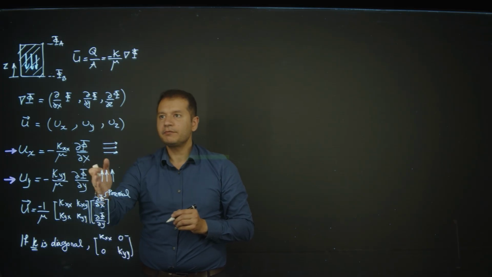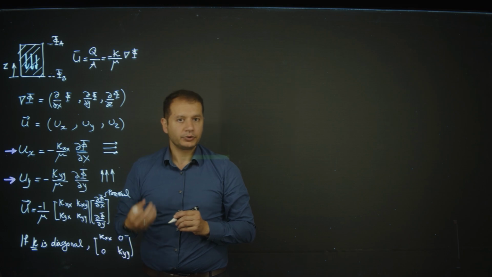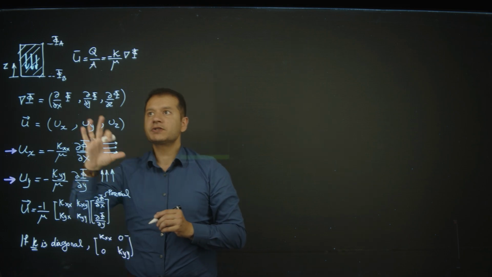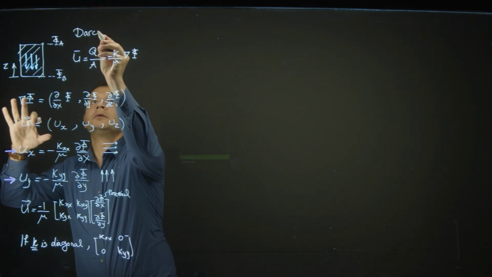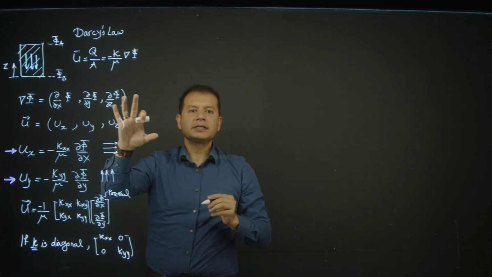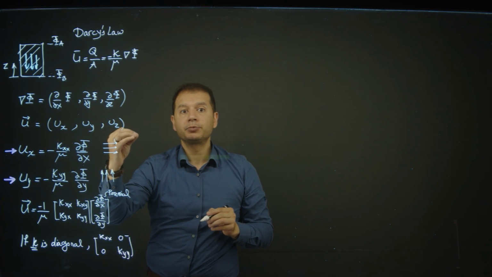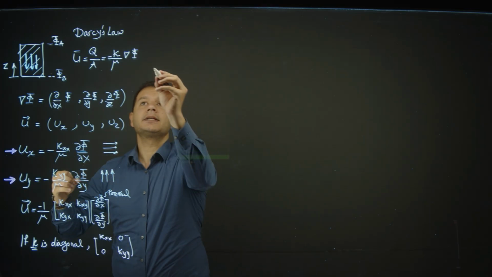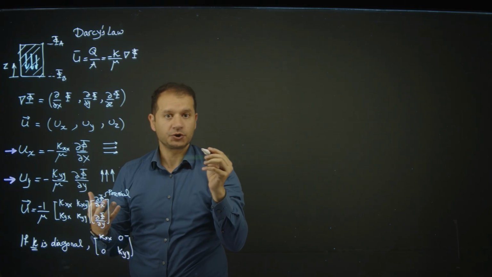When we have this, there is one important factor that we need to also remember. Darcy's law is valid under certain assumptions. One of the most important ones is that it is for flow in laminar condition.